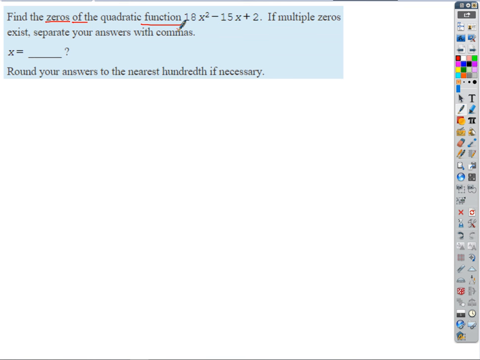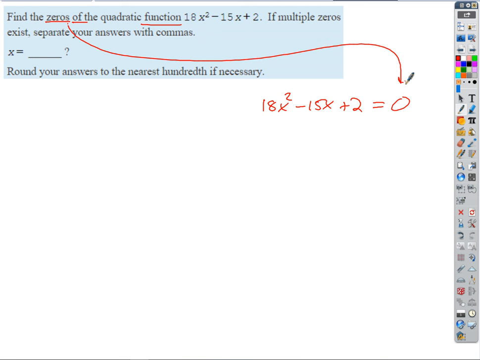When we talk about solutions, we need an equal sign. They are solutions to the equation f of x, which in this case is 18x squared minus 15x plus 2, equals 0. Hence the name zeros. We're setting the function equal to 0 and solving.